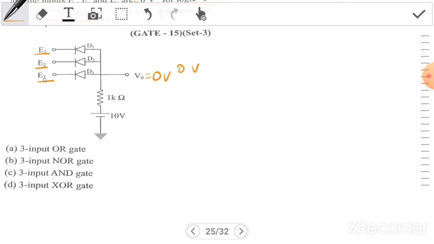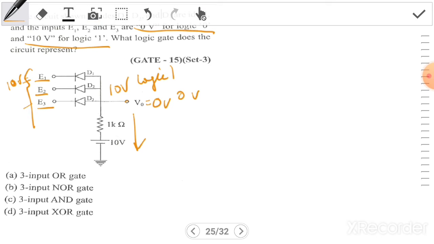But when all the diodes are off, that is when all of E1, E2, E3 are 10 volt, then the current across the 1 kilo ohm resistor is 0 and V0 is 10 volt, which is logic 1.